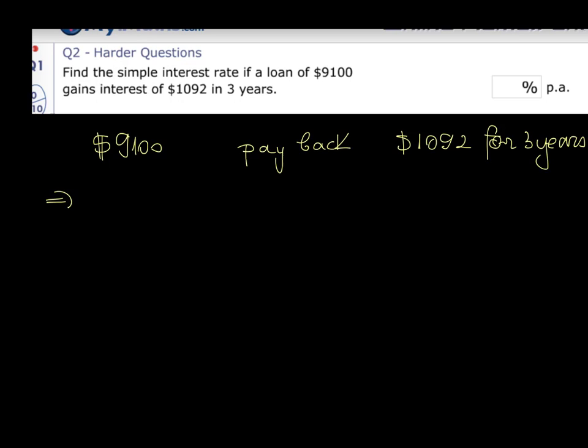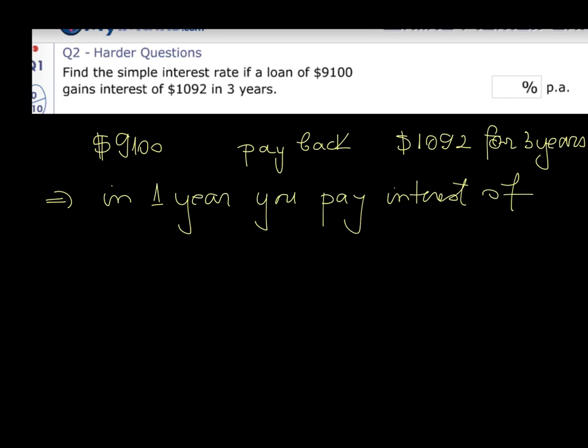So it follows that in 1 year, you pay to the bank interest of 1092 divided by 3, because there are 3 years, which will give you $364 per year.